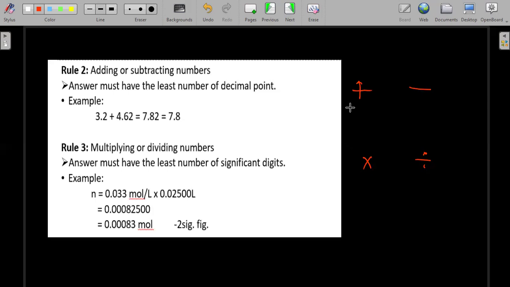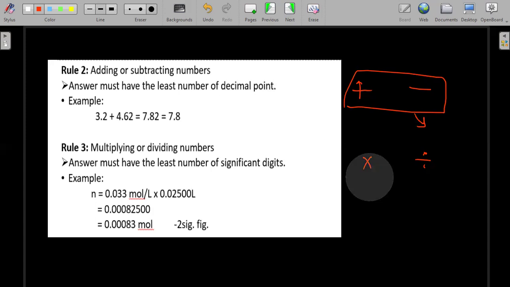When you are adding or subtracting, the way you apply the rules of significant figures here, you get the one with the least decimal places. For example, in the example we've been given here, you can clearly see this one has one decimal place, and this one has two decimal places.